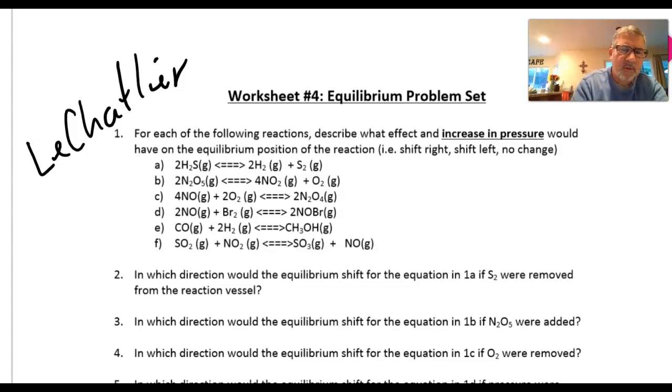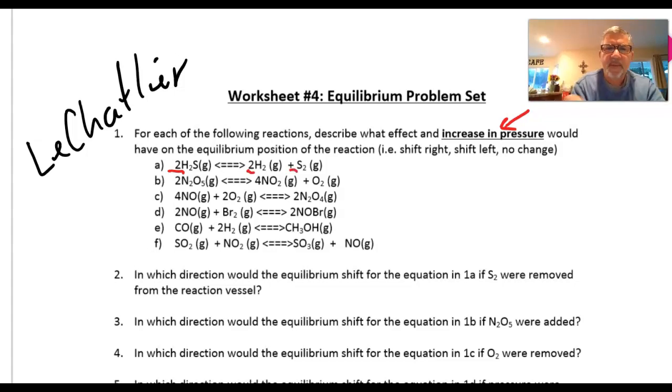It's asking you, for each of these, would there be an increase of pressure? So when you're looking at this problem set, what you're doing is counting the number of moles of gas. A has 2 moles, and then it has 3 moles.